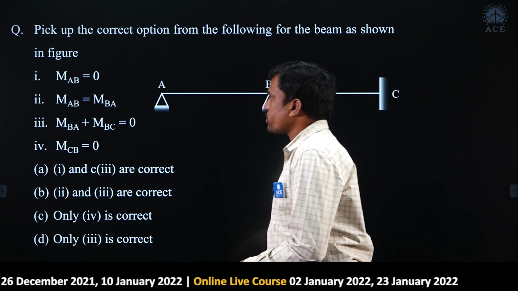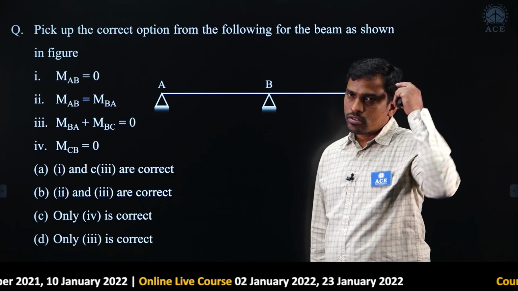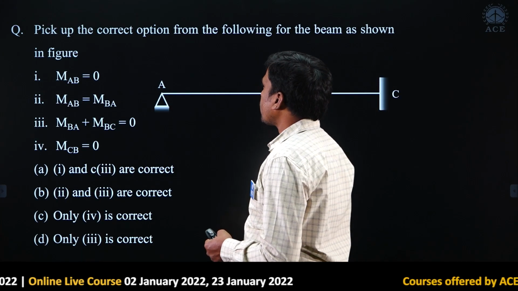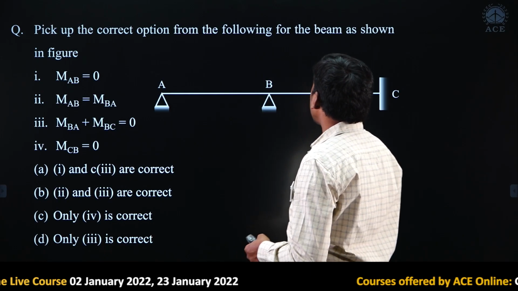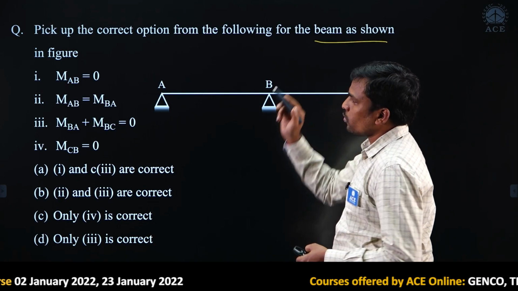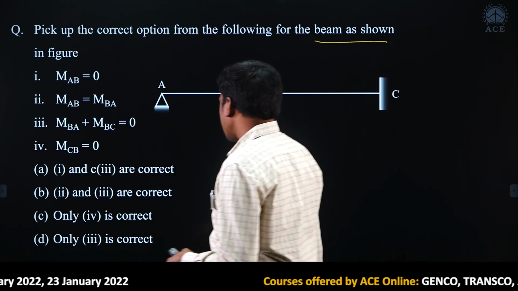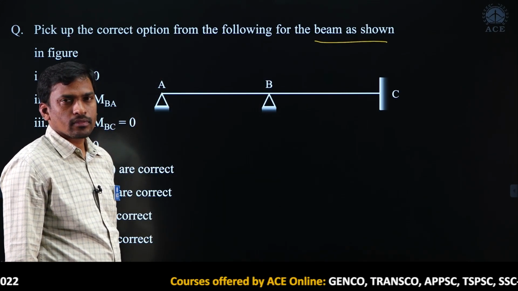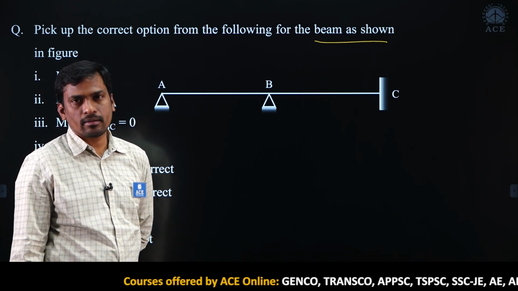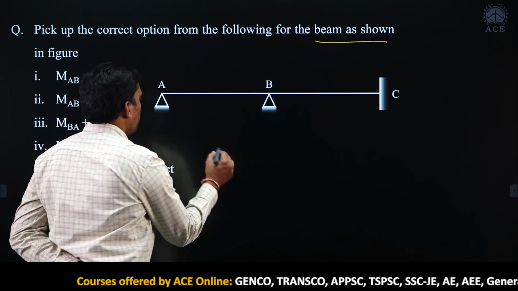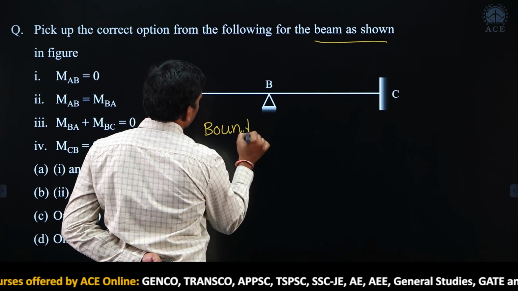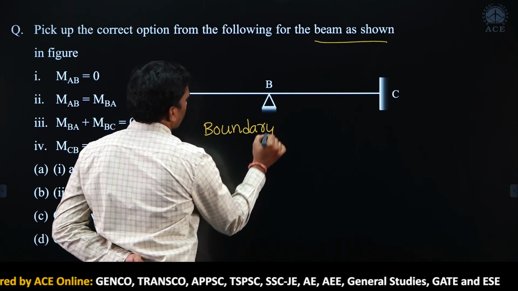Next question. This is the question from the slope deflection method chapter. Pick up the correct option from the following for the beam shown in figure. Students, can you apply the boundary conditions? In the slope deflection method chapter, step number 2, boundary conditions, right?